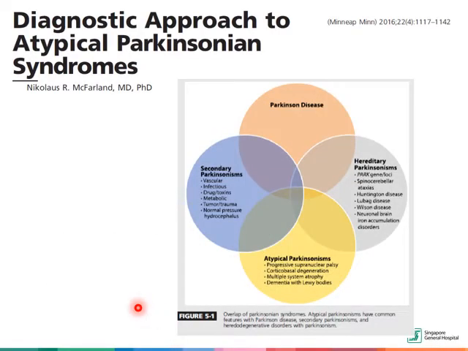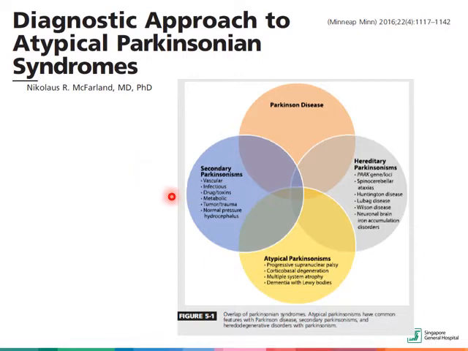Here's a diagnostic approach to atypical Parkinsonism syndromes. So we have the secondary Parkinsonism, the hereditary Parkinsonism, as well as the atypical Parkinsonisms. Let's start with the secondary Parkinsonism, where there is usually a primary cause.